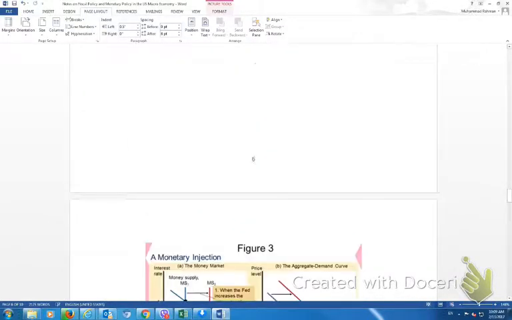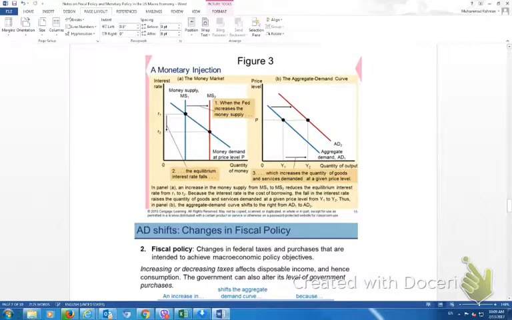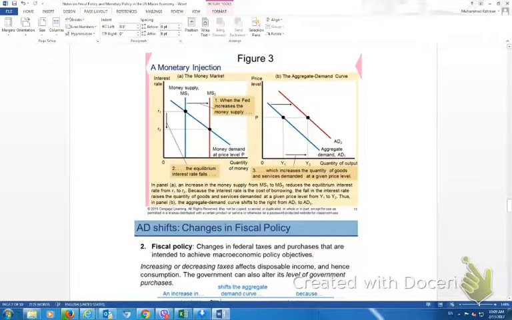Okay. Before we move on, we need to remember that there are several factors that could shift our aggregate demand curve, and this discussion is very important. The first one is something that we already have discussed. Whenever there is an increase in money supply, which you can see on the left side of figure 3, an increase in money supply causes interest rate to go down, and when interest rate goes down, it decreases the cost of borrowing by firms.